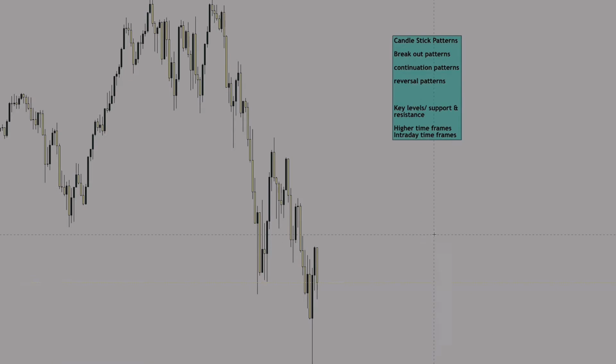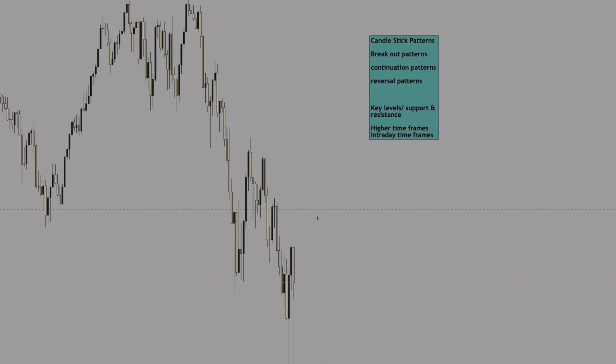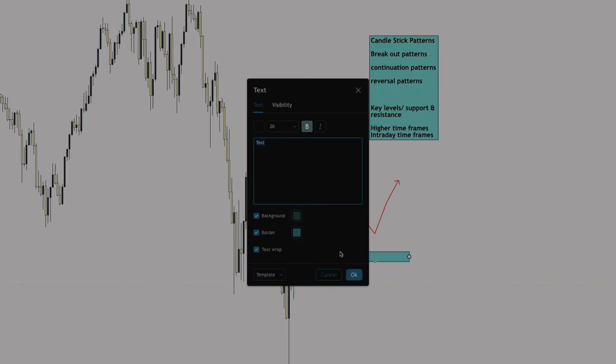So I'm going to illustrate these with the arrows first. We're going to start with the double bottom. If you don't know what a double bottom is, it looks like a W. Some people call it a W bottom, but essentially all a double bottom is, let me drag this arrow up, is a bullish continuation pattern or reversal pattern.